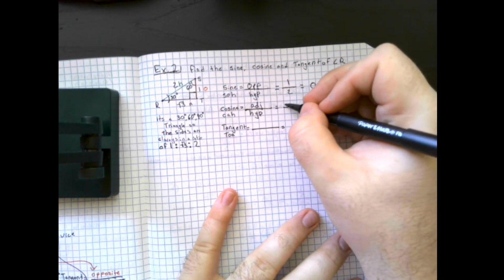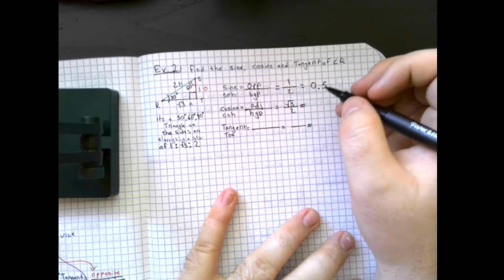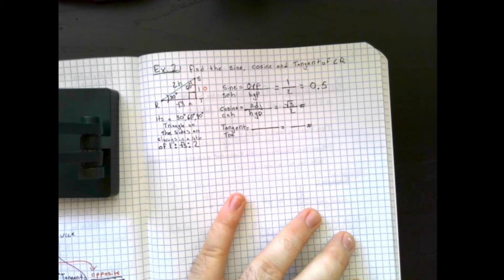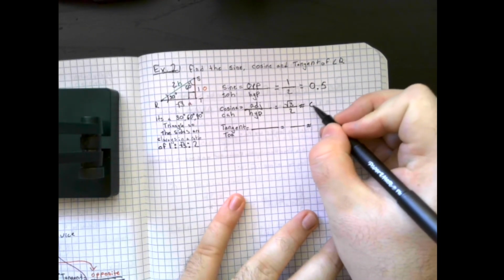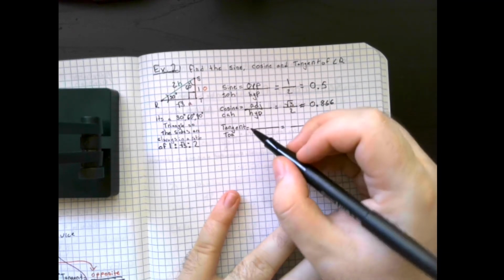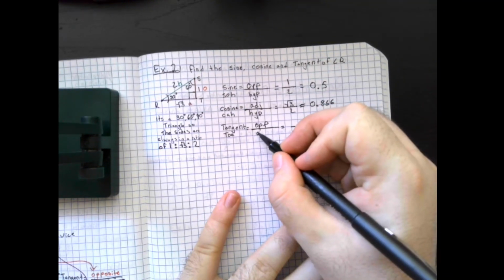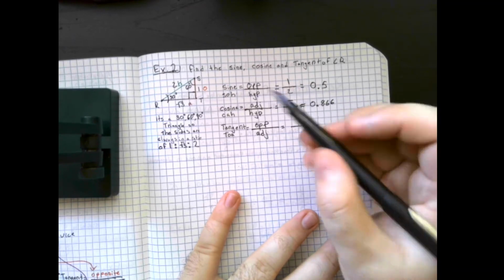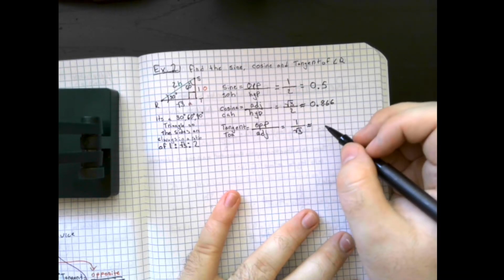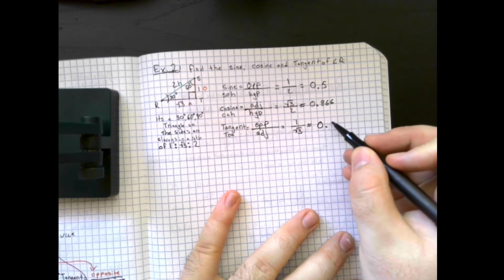The adjacent was the square root of 3, and the hypotenuse was 2. If you wanted to estimate that, you could plug that into a calculator and you would get about 0.866. Now, for tangent, tangent is TOA, so we have our opposite over our adjacent. Our opposite is 1. Our adjacent is root 3. If we were to plug that into a calculator, the estimate that we would get back is 0.577.